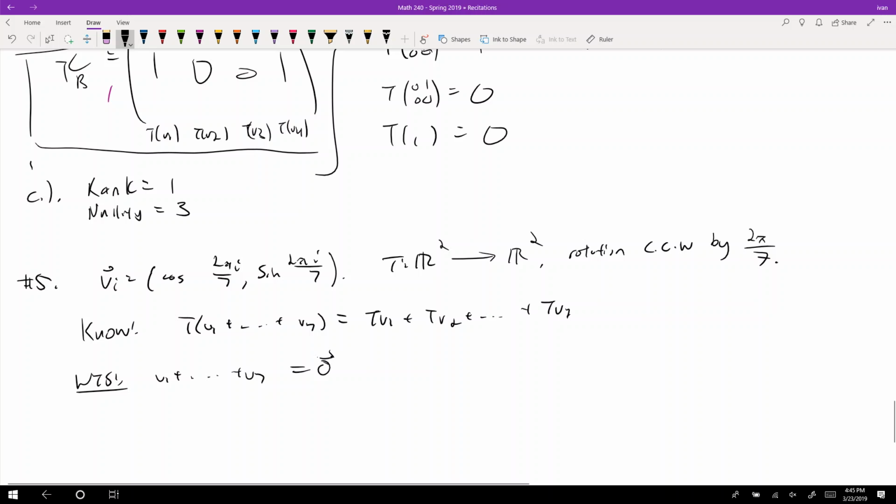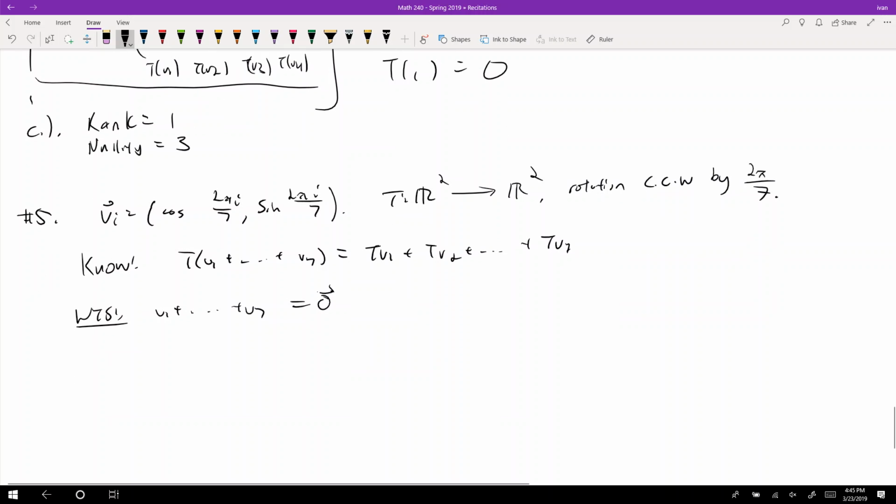Yeah. You just say because 2π/7 times 7 is 2π, so you end up where you started. Right, okay. Is that enough? Yeah, that is enough. If you rotate everything by 2π/7, you are just going to end up where you started, right?